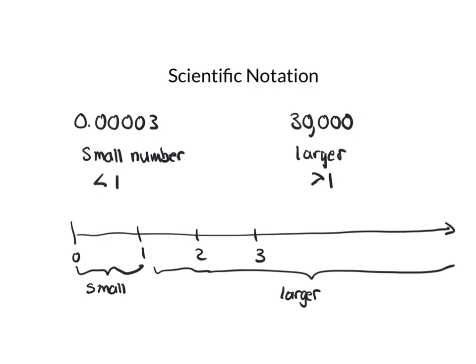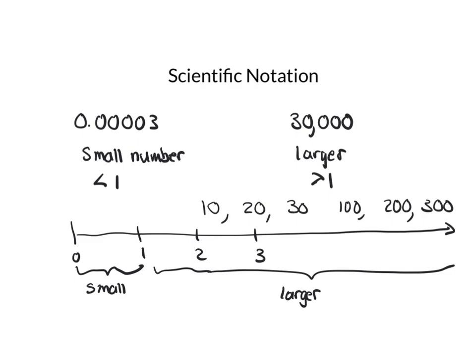Clearly, we can write numbers that only have ones or 10s digits. So, for instance, 1, 2, 3, or 10, 20, 30, or even 100, 200, and 300 are pretty easy numbers to write and to comprehend.